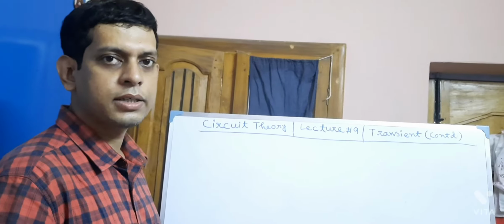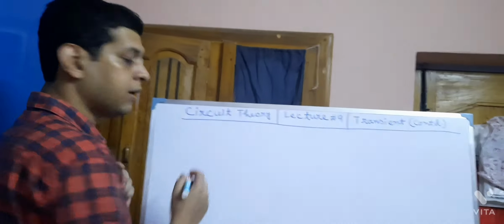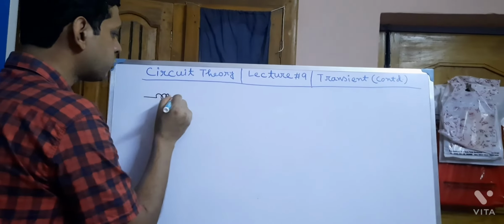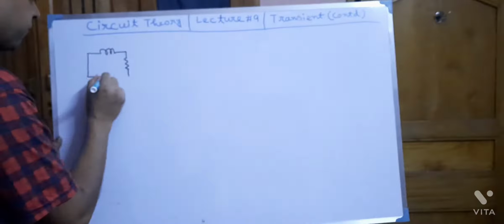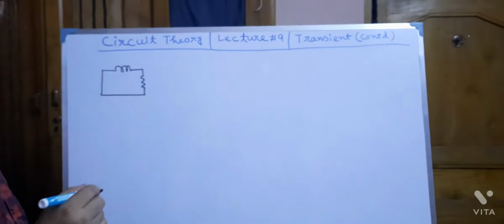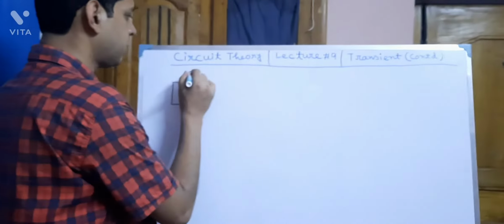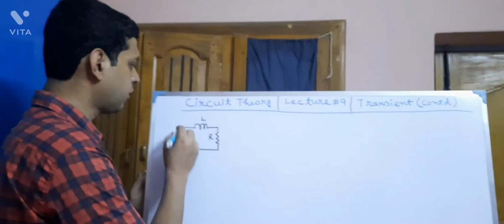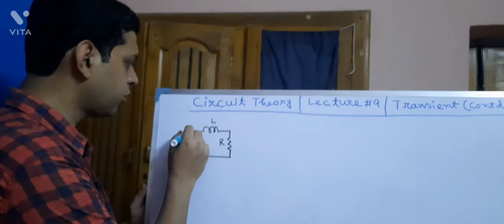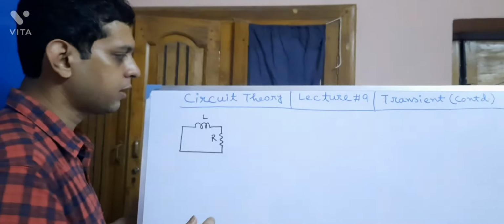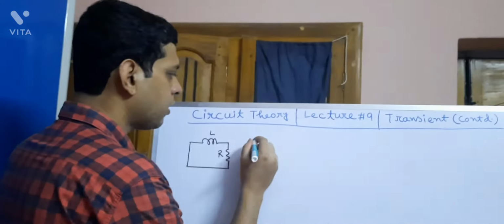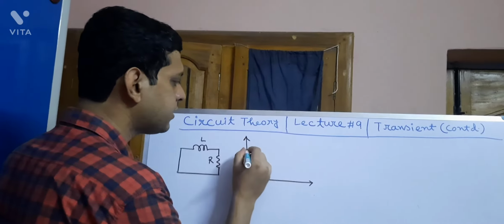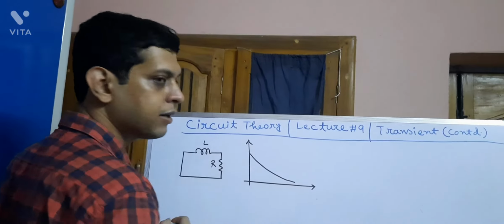In our last lecture, we have seen the current response of a RL series circuit, unexcited, no source is involved here. Now, the current decays in this manner.